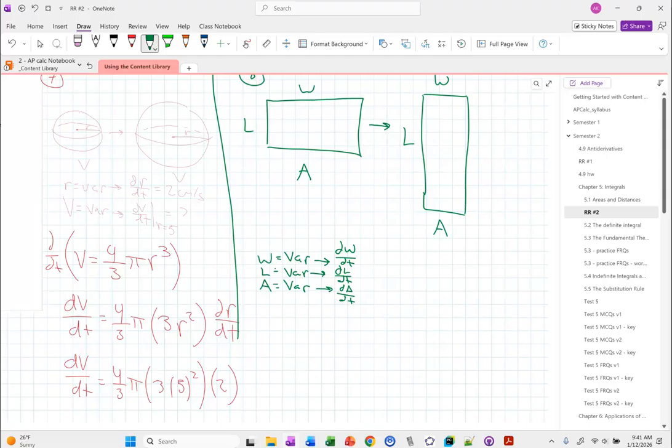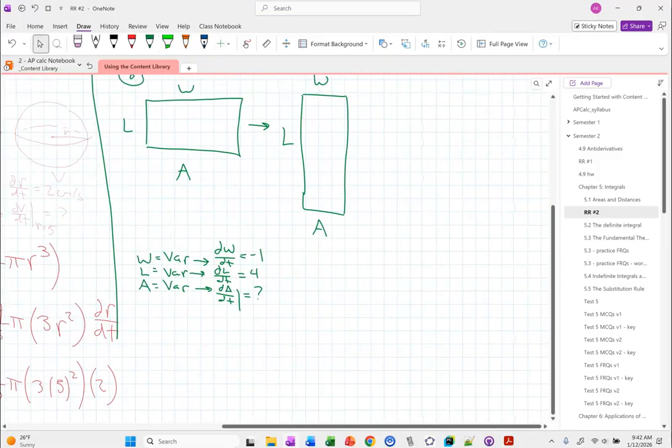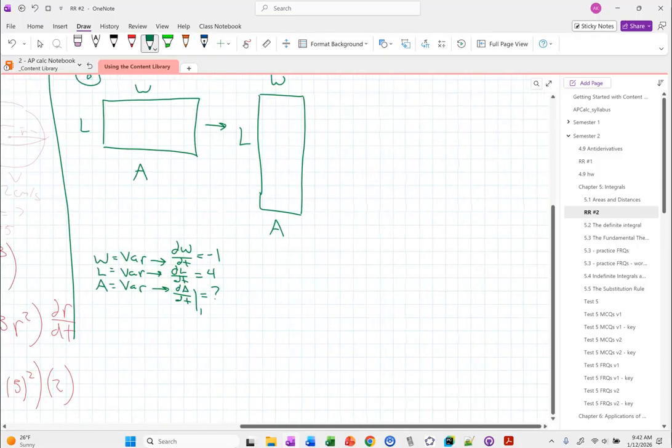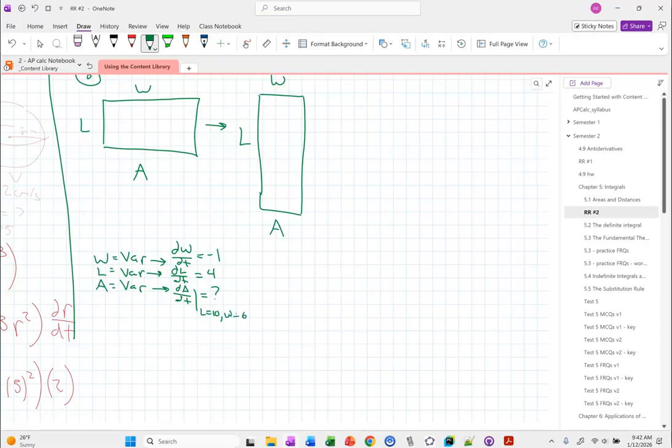We're told that the length is increasing by 4 centimeters per second, so that's my dL/dt. And the width is decreasing by 1 centimeter per second, so that's my dW/dt. And then I'm looking for the area when length is 10 and width is 6.